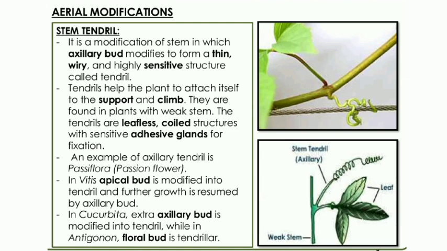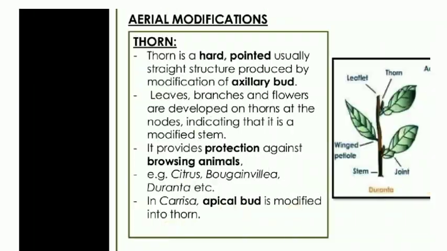In case of Cucurbita, the tendril is a modification of the axillary bud. But in case of Antigonon, the floral bud is tendrillar. Means the bud, actually, has to form the flower. Instead, it will form the tendril in case of Antigonon. Like that, different plants show different types of tendrils.